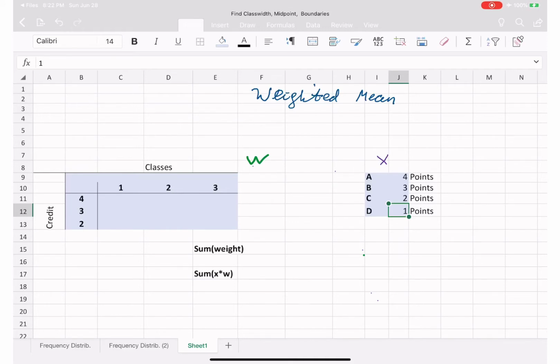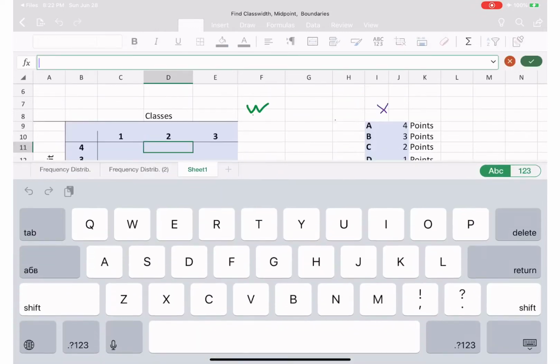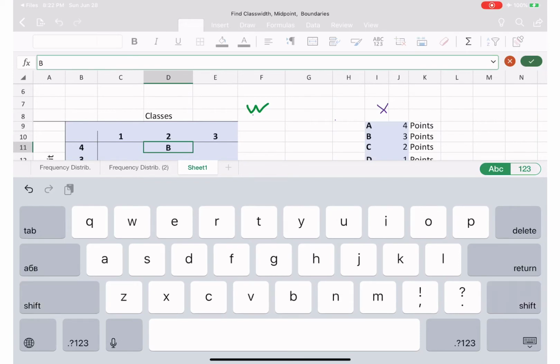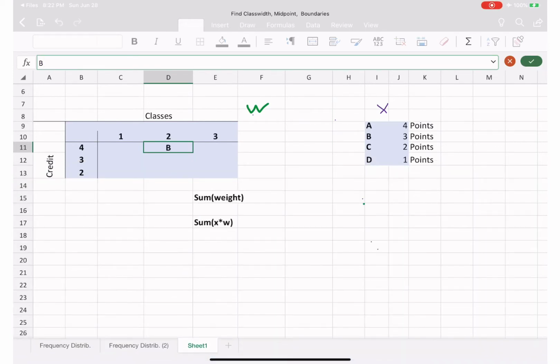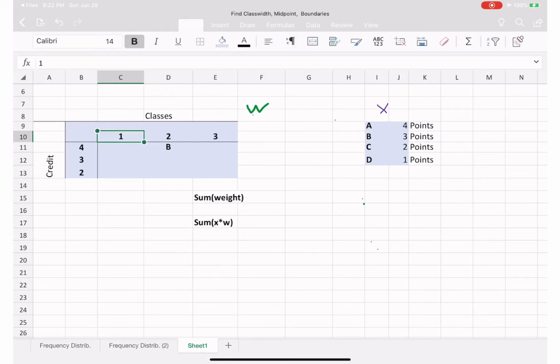The student got B in 2 classes with 4 credit hours. So here we have 2 classes and 4 credit hours. This is going to be B. Next, the student got D in 1 class with 3 credit hours.